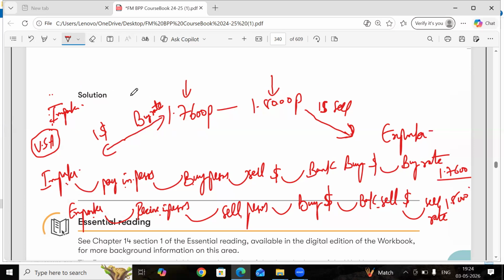So they buy pesos. If they buy pesos, they sell dollars. The bank will buy dollars for 1.7600. So the importer will sell dollars and the bank will buy dollars. The exporter will buy dollars and the bank will sell dollars. Okay.